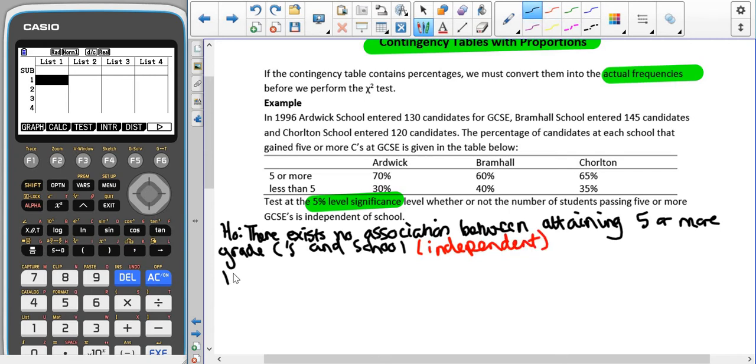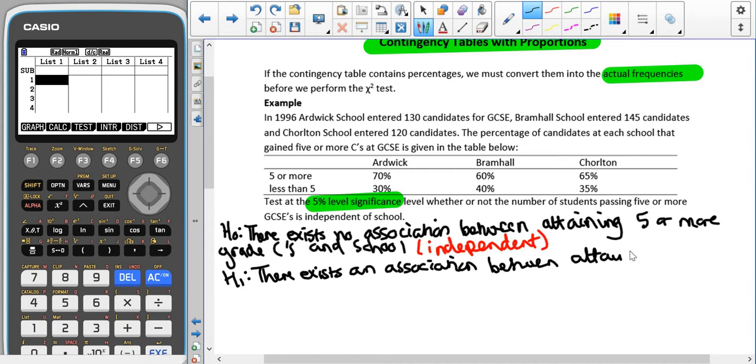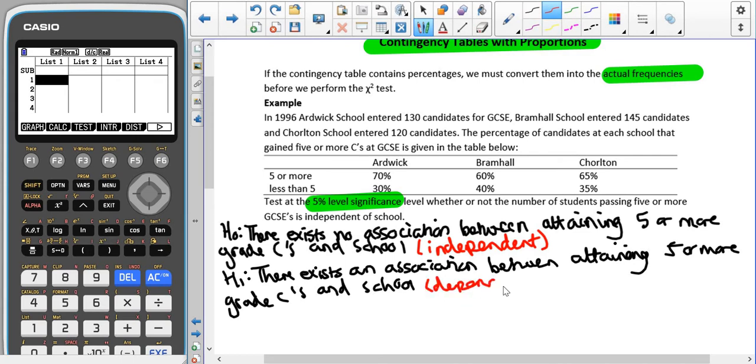And our H1 is going to be that there exists an association between attaining 5 or more grade C's and school, or saying that they are dependent.